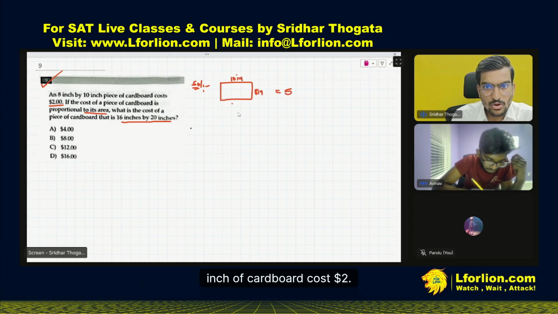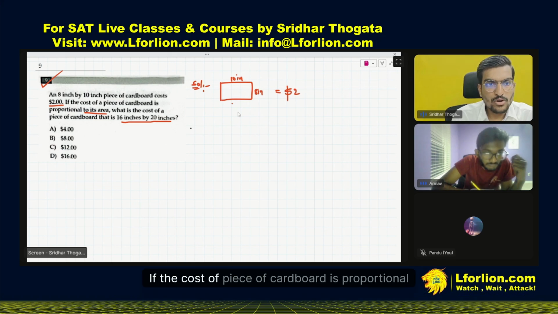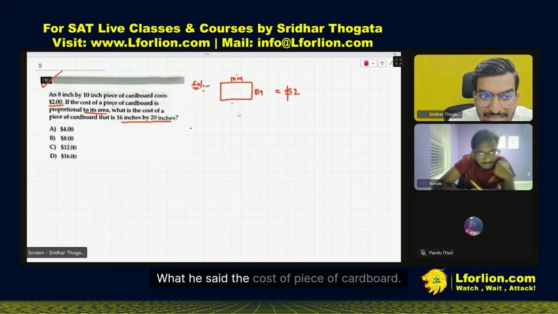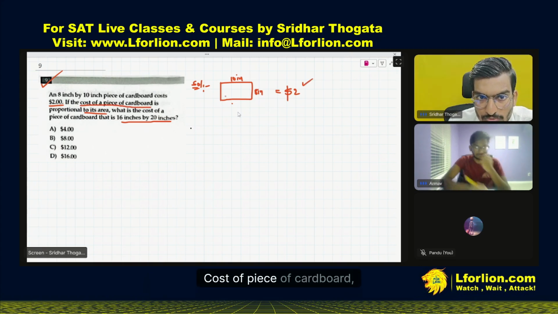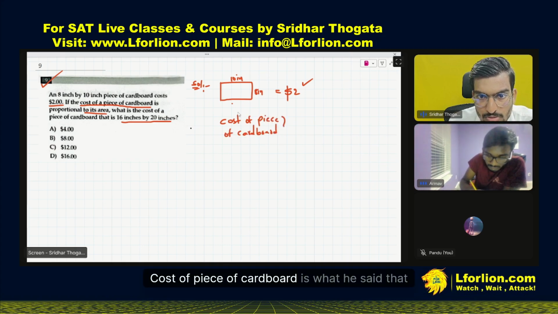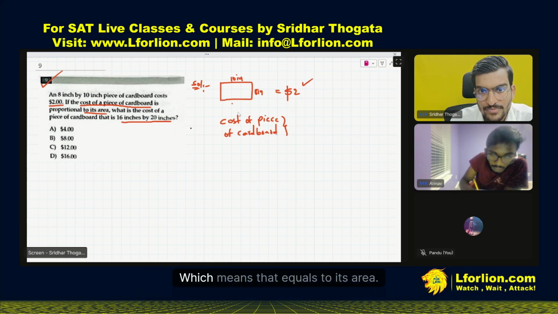It costs $2. If the cost of a piece of cardboard is proportional to its area, what do we know? The cost of a piece of cardboard is proportional to its area, which means the cost equals its area.